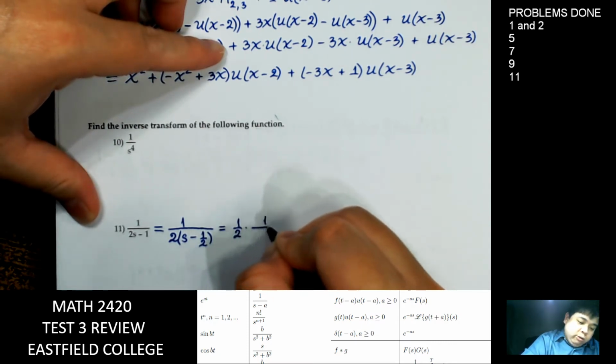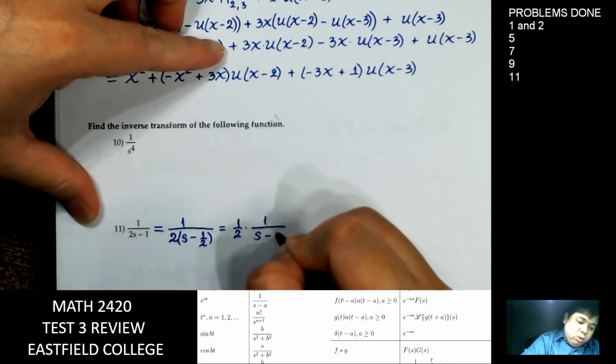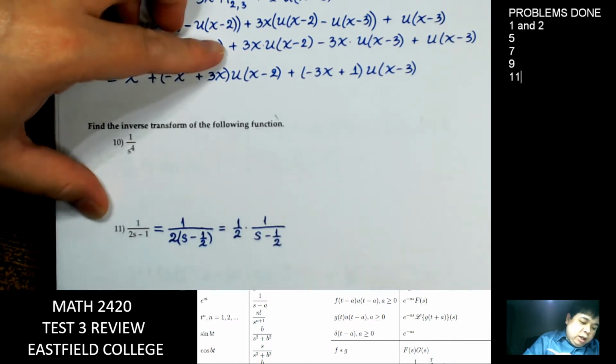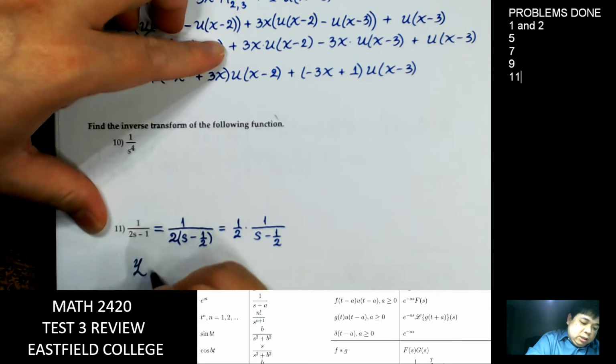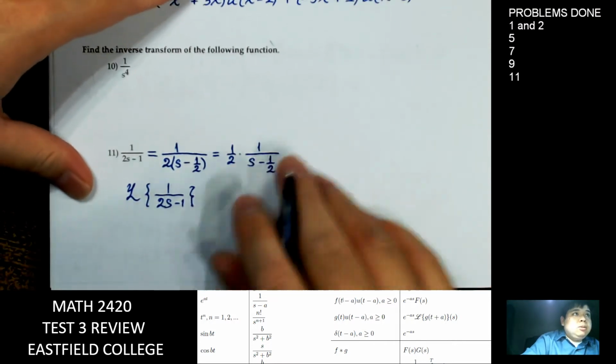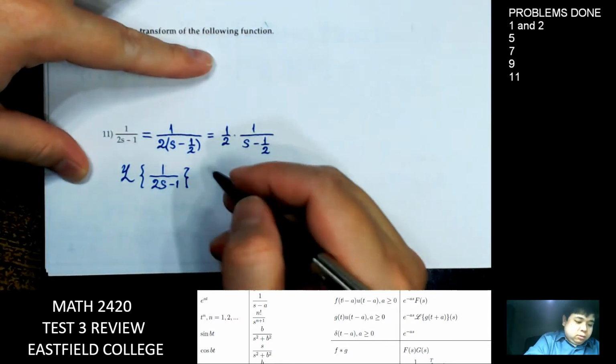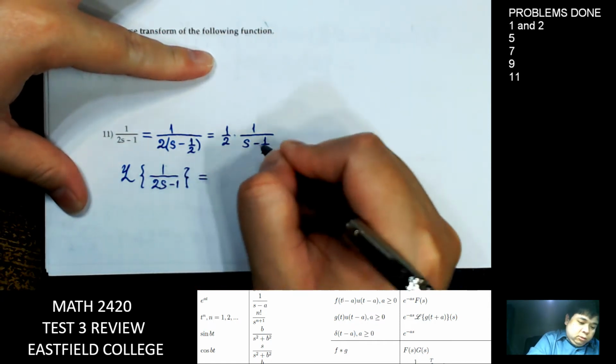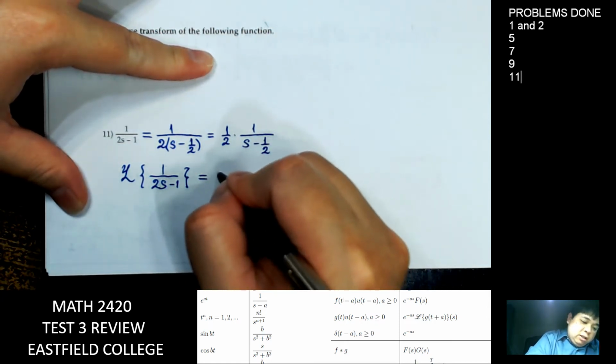We have 1 over s minus 1 half. Now we do the transform. It will be the transform of this.